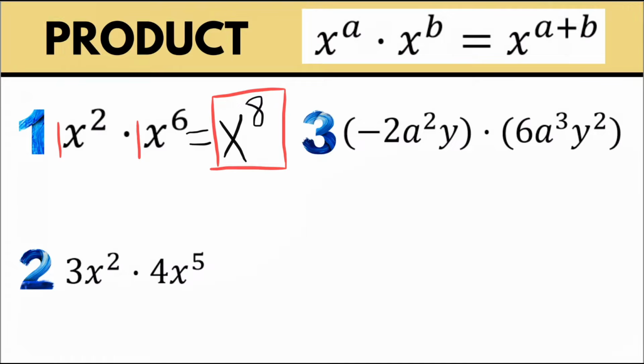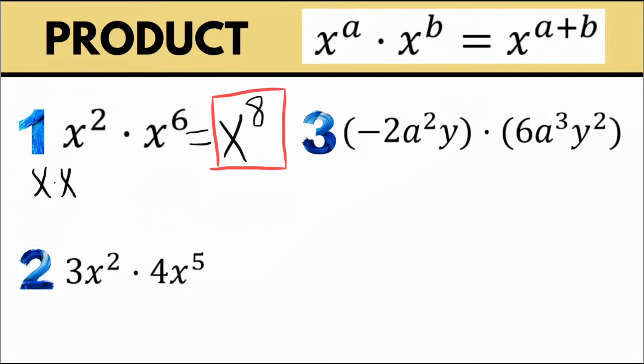Now, let's dive deeper into this problem so that you can understand why this actually works. X squared means x raised to the 2, that means x times itself 2 times.